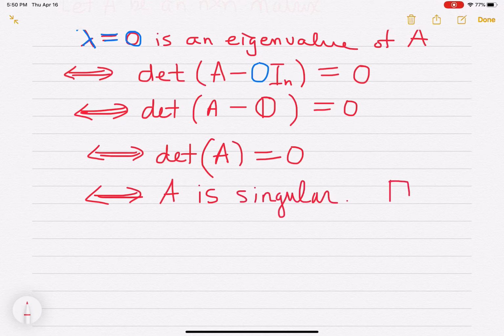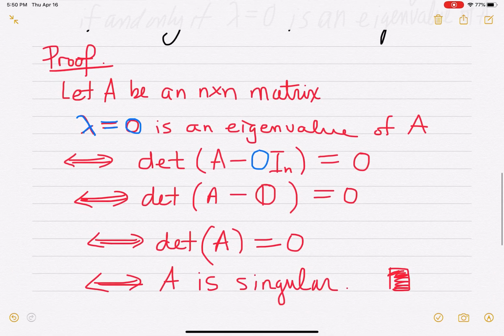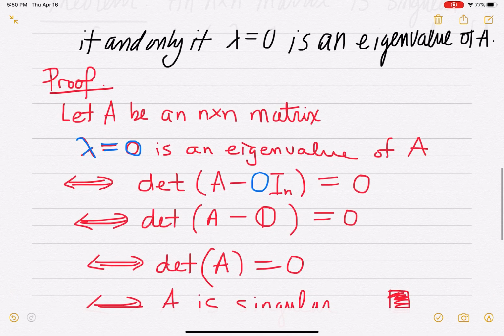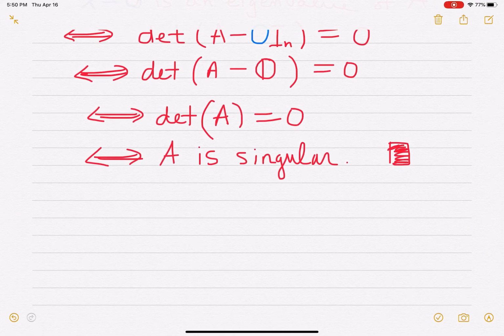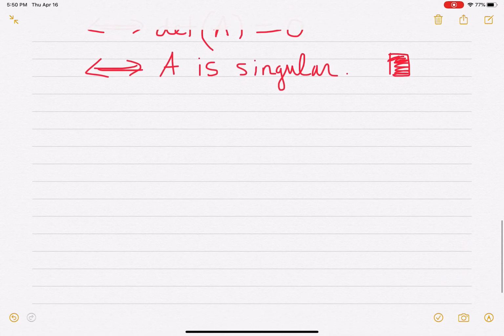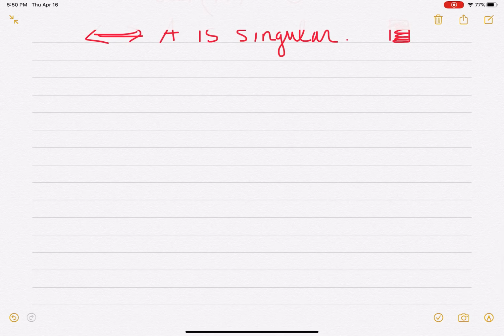So singular matrices have 0 eigenvalues. Non-singular matrices would therefore have non-zero eigenvalues. So if you ever have a 0 eigenvalue, that means you have a non-invertible matrix, a singular matrix.